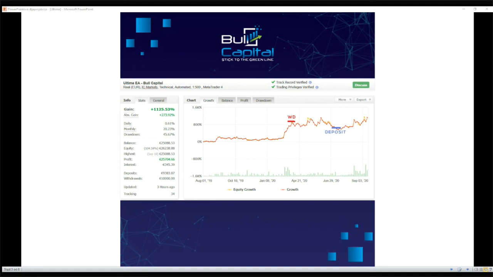Some targets are pretty far, that's true, but the system checks for the waves. It's not doing some random targeting. It always checks the current and past conditions, so it makes targeting very precise. Of course, it can't work every time. Nothing works every time. But in the long term, it makes excellent targeting, and stop loss and everything is really fine tuned.